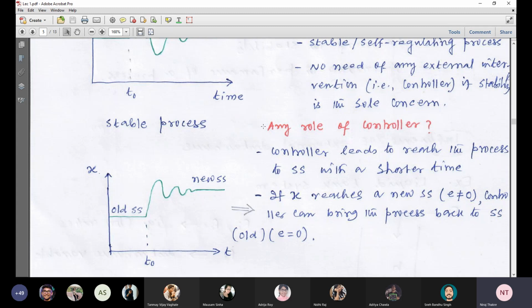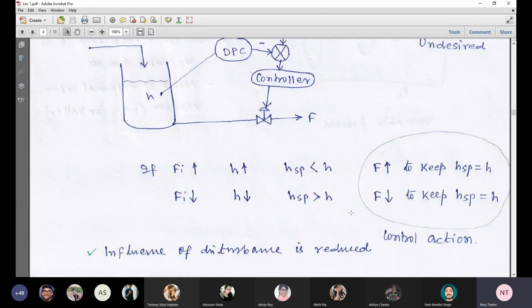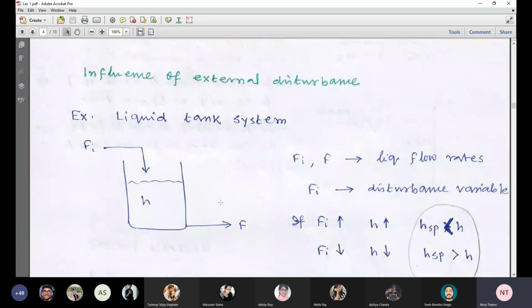Okay. For the second point, you can easily understand this by taking one example. Suppose we continue with our liquid tank system. Our input is Fi. This is the process. Input is Fi, output is F. So what happens if I suddenly increase Fi?